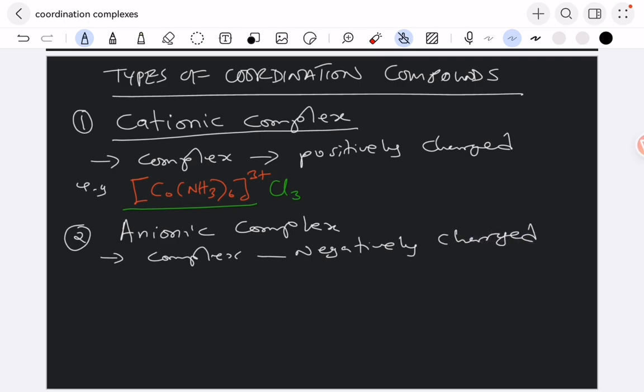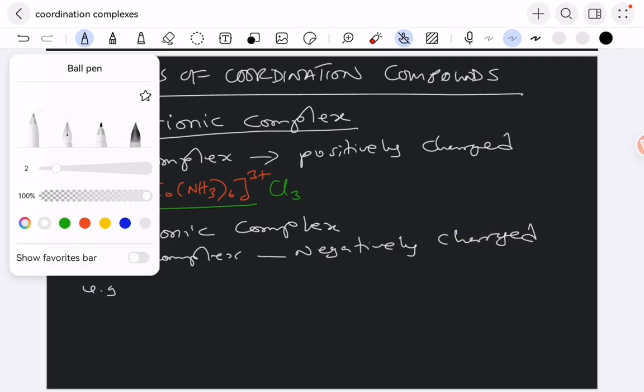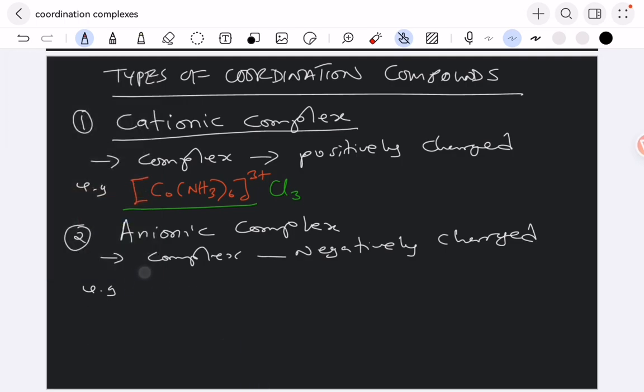For example, you have sodium 4 K, hexacyano ferrate.